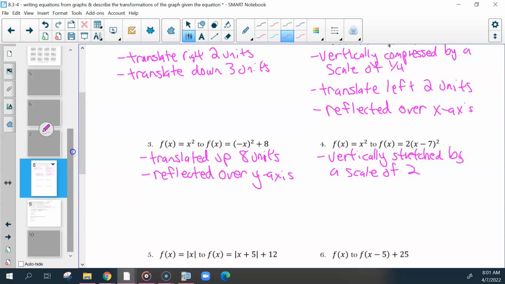I think Brayden was next. And then yes, it went right by 7. Translate right 7 units.